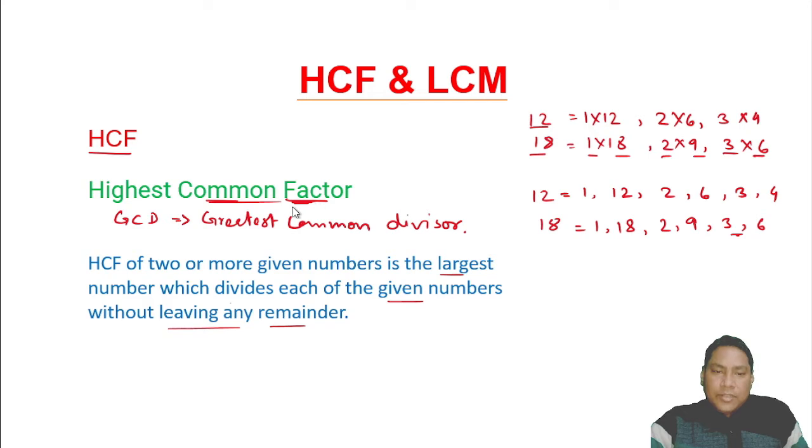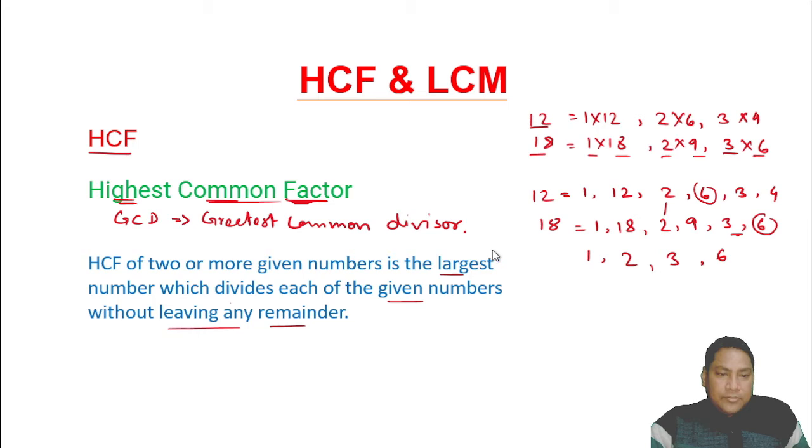The common factors between 12 and 18 are 1, 2, 3, 4 is not there, and 6 is there also. So these are the common factors of 12 and 18.